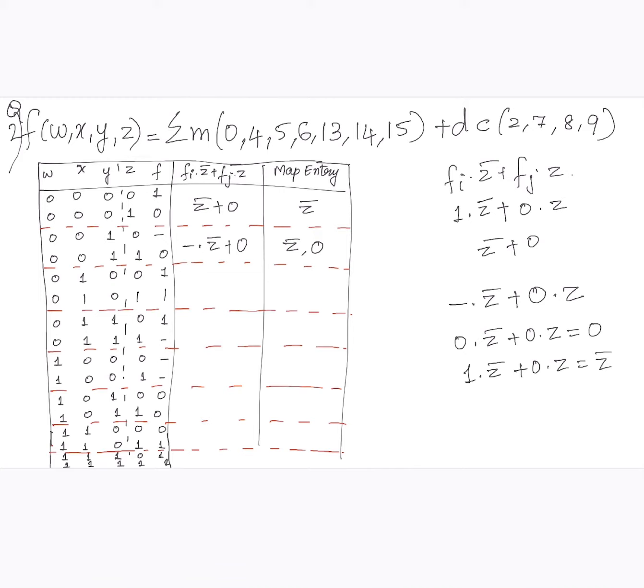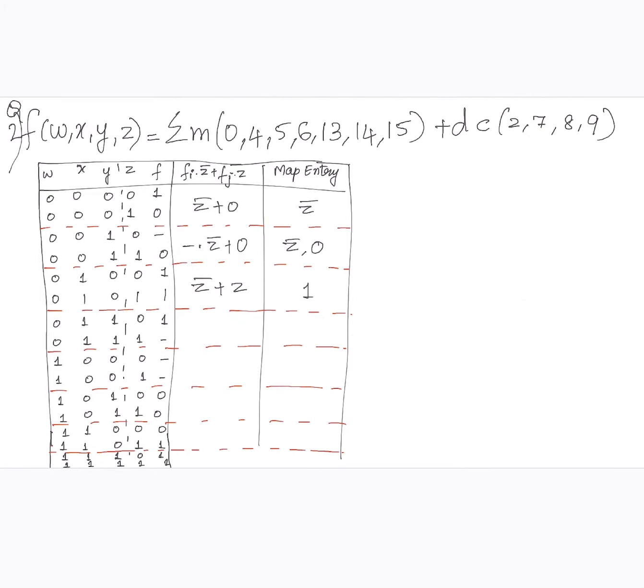Now the next value is 1 into z bar plus 1 into z. So this will be z bar plus z, which is equal to 1. Next value is 1 into z bar plus dash into z.